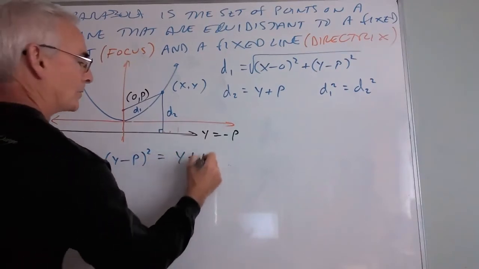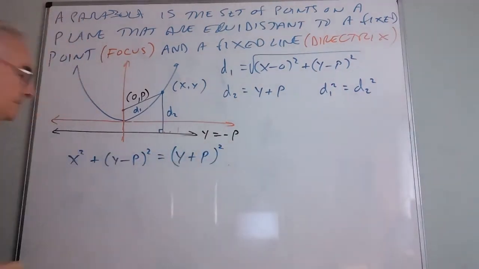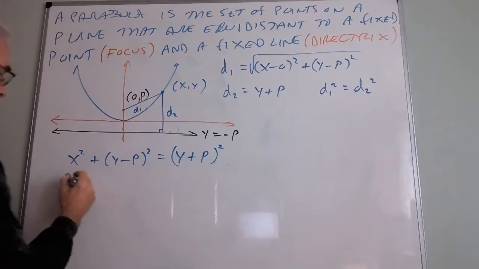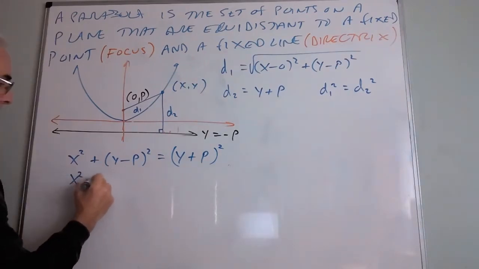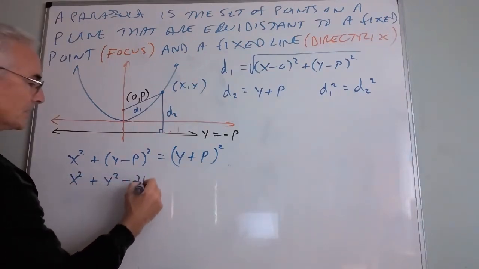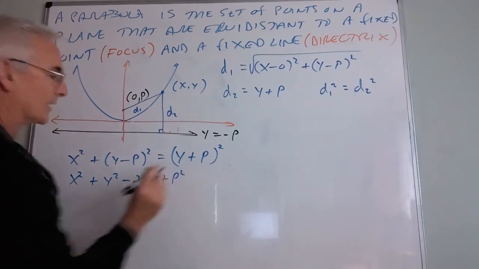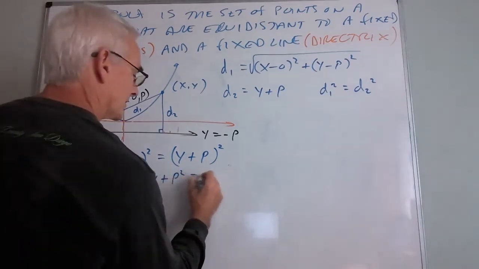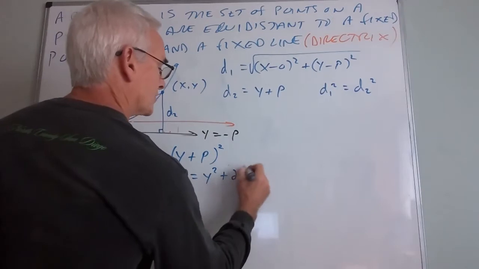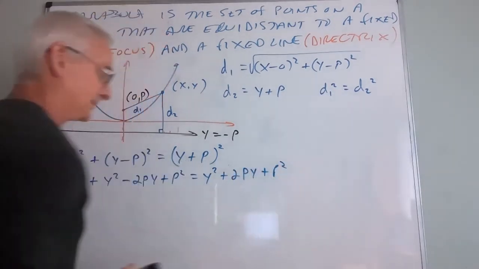D2 squared will be (y plus p) squared. Now all I've got to do is multiply this out, gather terms, and solve. The left side is x squared plus y squared minus 2py plus p squared. The right side is y squared plus 2py plus p squared.